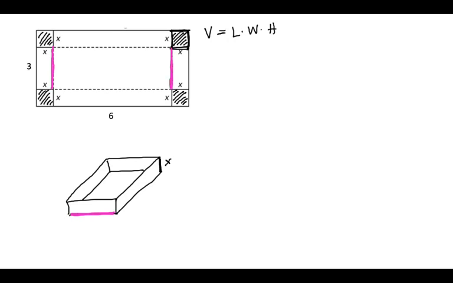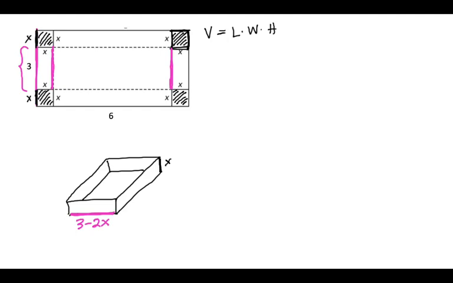Well, the short side of the paper was 3 meters, but then I cut out 1 x here and 1 x here. So that pink distance right there is just 3 meters, but it's missing 2 x's. So down here on the bottom, we'll label that 3 meters minus 2 times x.